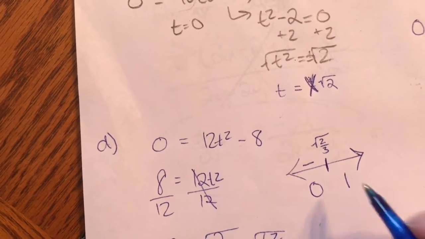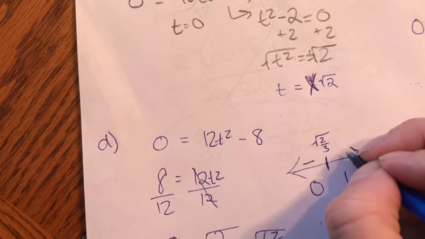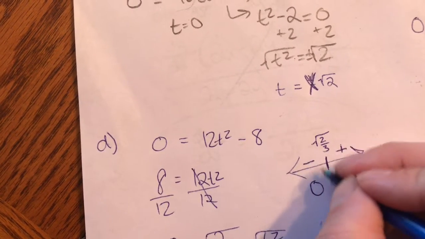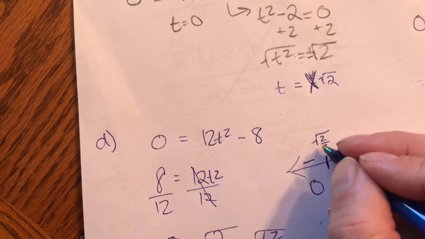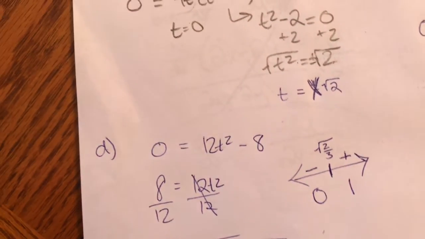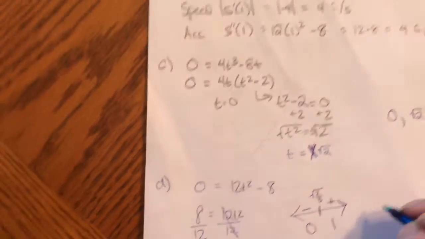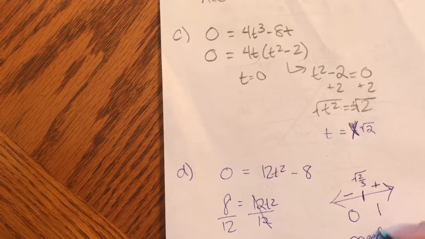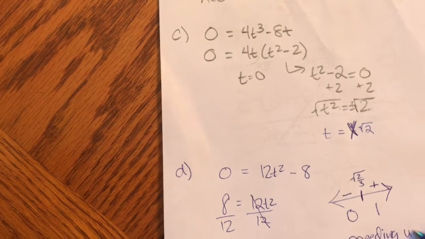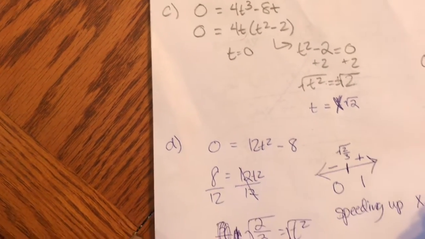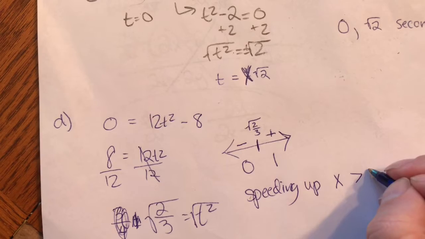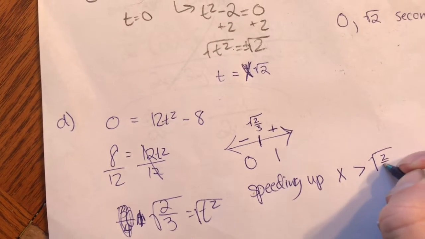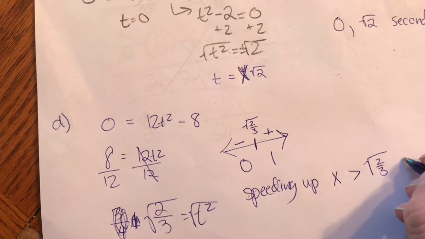If I plug 1 into that function, I get something that's positive, which means it's slowing down before root 2/3 and speeding up ahead of root 2/3. So my answer is it's speeding up when x is greater than root 2 over 3 seconds.